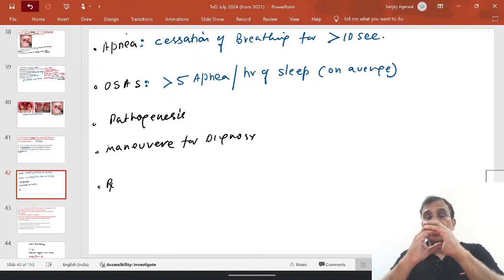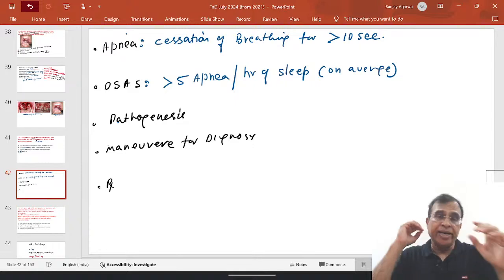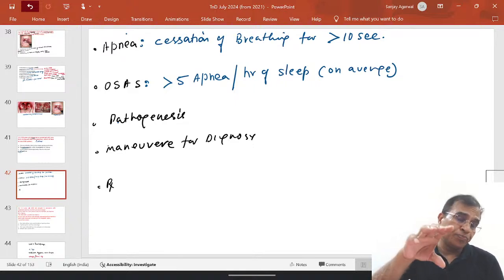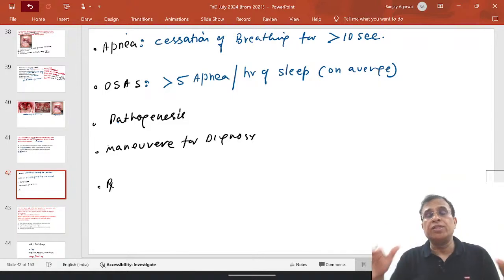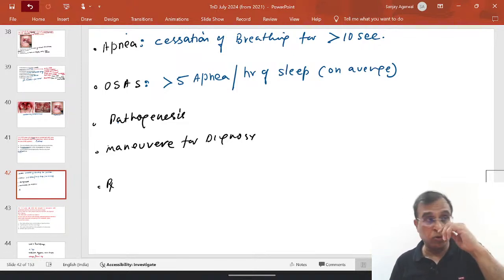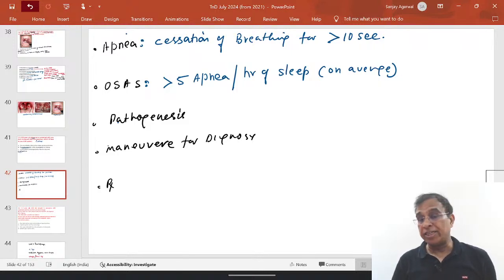On top of this, when this patient falls asleep and the pharyngeal muscles collapse, the lumen becomes almost negligible, very narrow. Through this very narrow lumen, the air cannot flow easily. When the air is trying to push through, it causes too much vibration, and that causes snoring. So snoring is because of excessive vibration, because the lumen has become very narrow and the air is trying to push itself through.